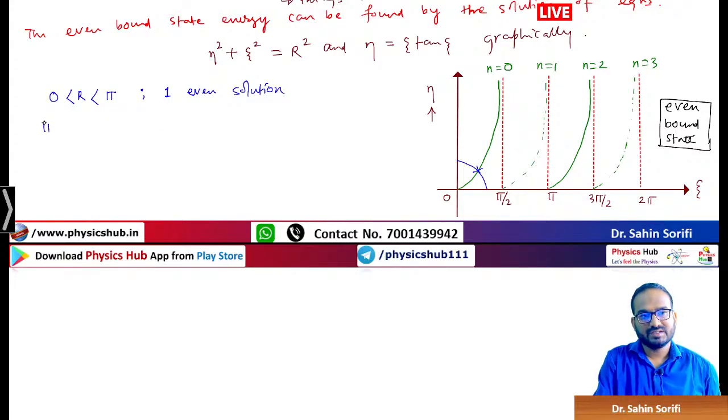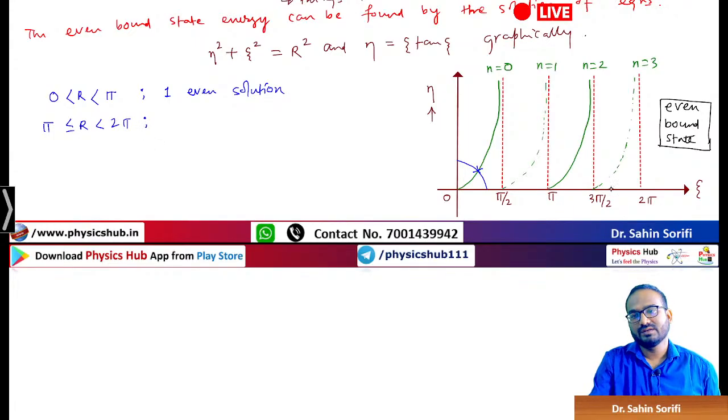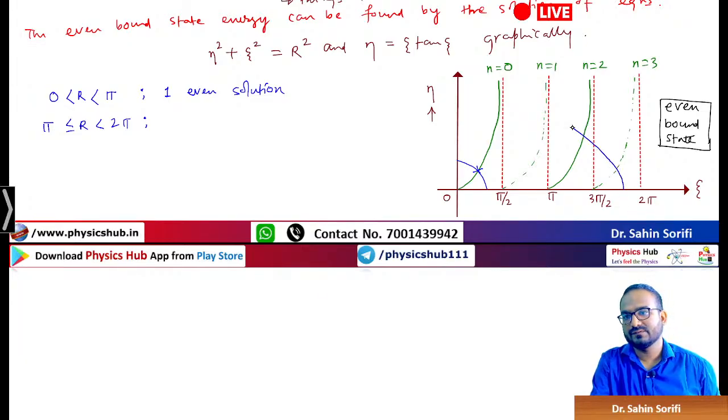When you take the radius between pi to 2 pi, more than pi, less than 2 pi, it will cut at n equals 0 and n equals 2. Let's say we are taking something like this. As you can see, it is cutting at n equals 0. Obviously n equals 1 it is cutting, so one odd bound state is also there. N equals 2 it is cutting, n equals 3 is also cutting. So you can see 2 even, 2 odd.